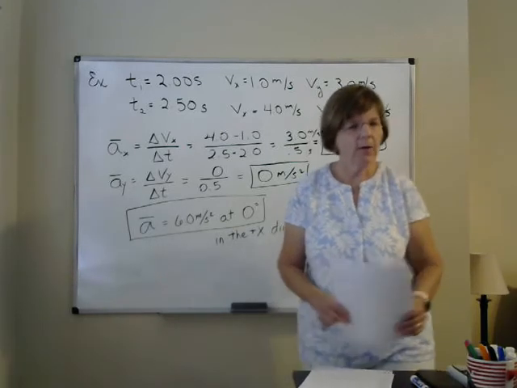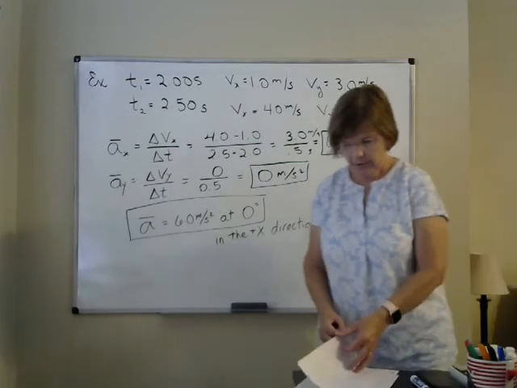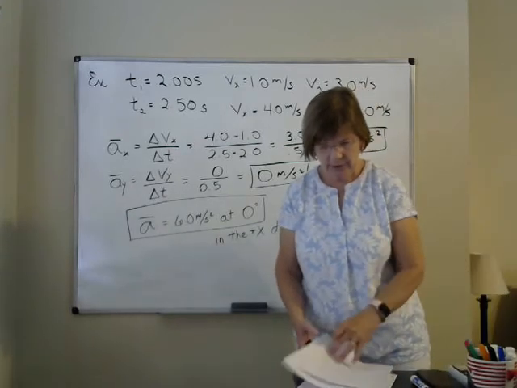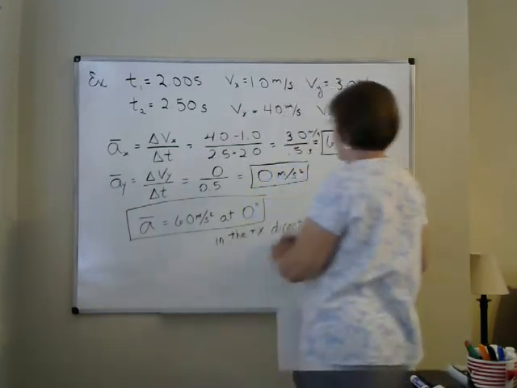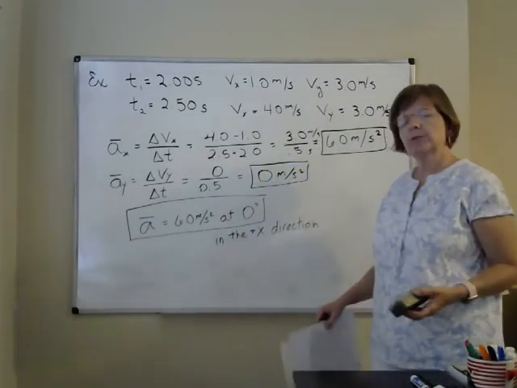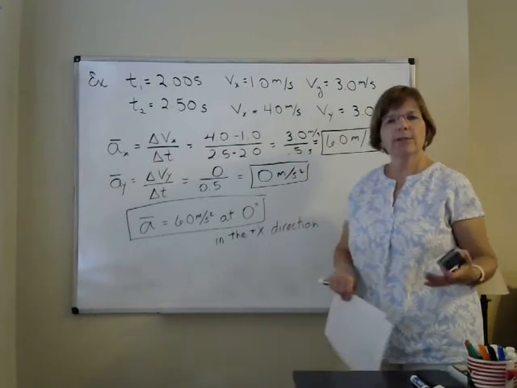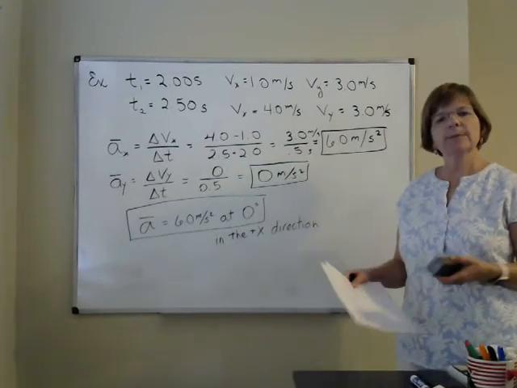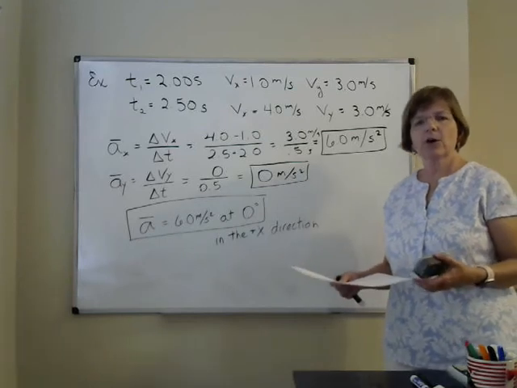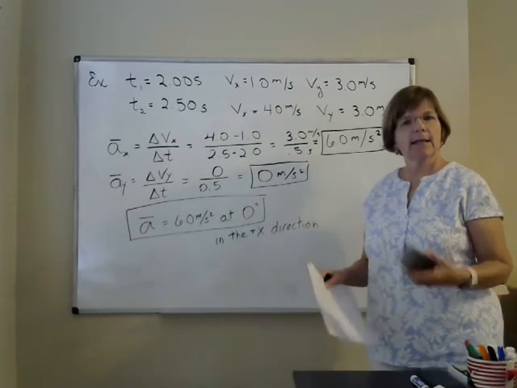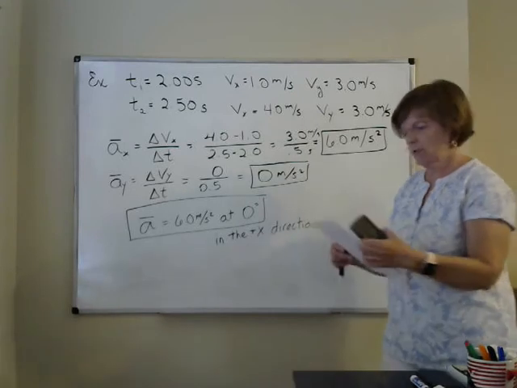And jump all the way to section 3.4. And section 3.4 is about uniform circular motion. So we're going to deal with uniform circular motion before we talk about projectile motion. Uniform circular motion comes up a lot. It's going to be really important when we talk about things like satellites, things that orbit in circles.